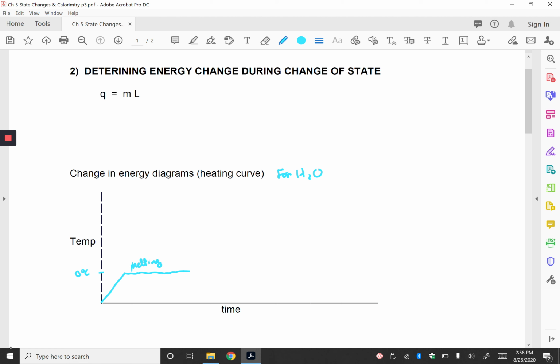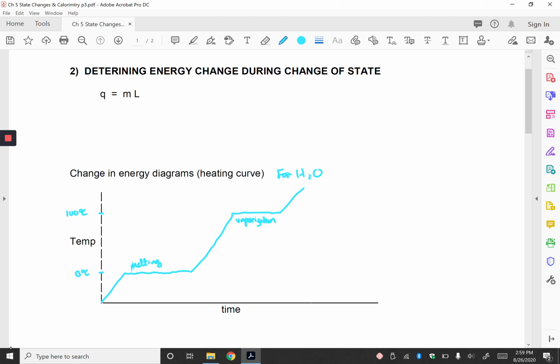My solid turns into liquid, and then once it all turns into liquid, the temperature starts rising again as I'm giving it more heat. And then at 100 degrees Celsius, the temperature remains constant again. And what's happening here is vaporization. And then once it all turns into a gas, then it starts rising again.